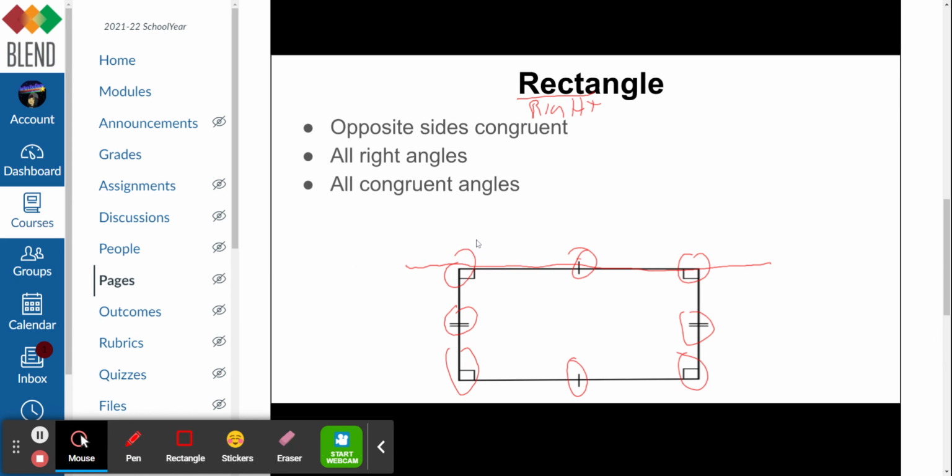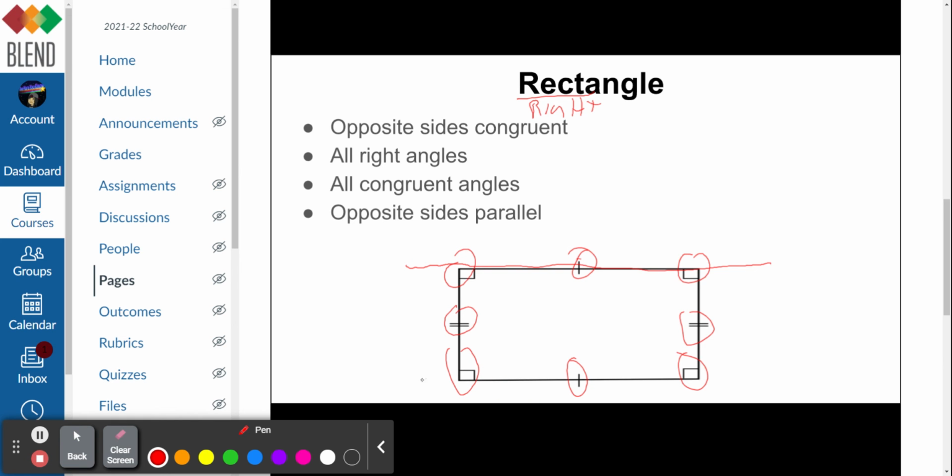Has all congruent angles. All of them are 90 degrees. And the opposite sides are parallel. So kind of what I showed you with the bad lines the first time. Those opposite sides go on forever and never touch. So these are the characteristics or attributes of a rectangle. So when we come back, we'll take a look at a couple more of our quadrilaterals.